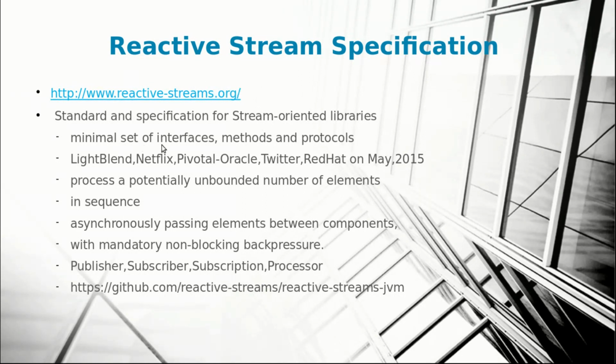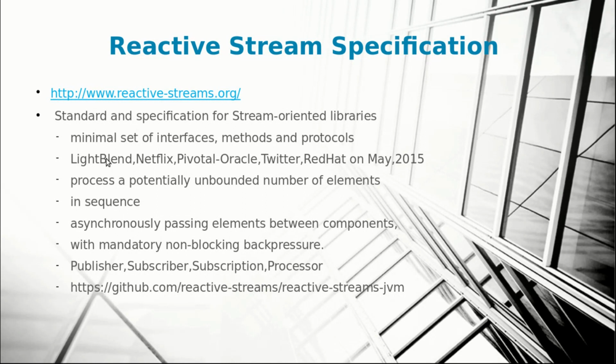It defines a minimal set of interfaces, methods, and protocols which any language should implement when building a reactive library. Originally, this specification was stipulated by Lightbend, Netflix, and Pivotal, and later Oracle, Twitter, and Red Hat joined to implement this specification and to standardize reactive APIs.